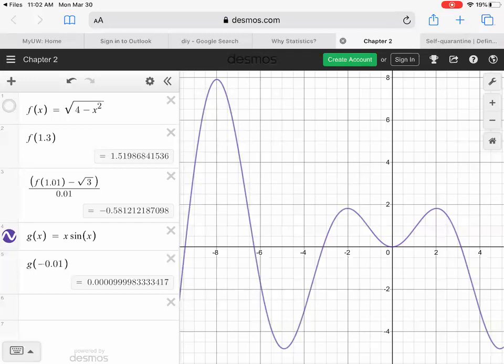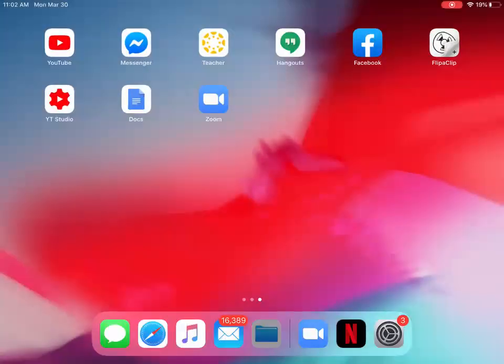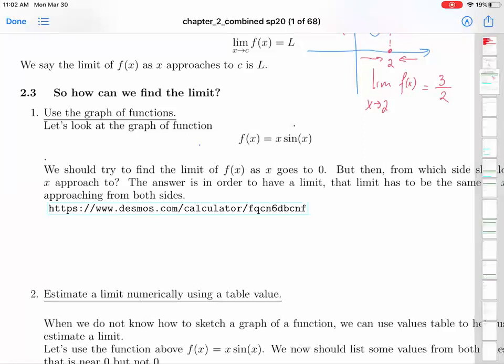That means the limit of this function when x goes to 0 should be 0. Using the graph, right?